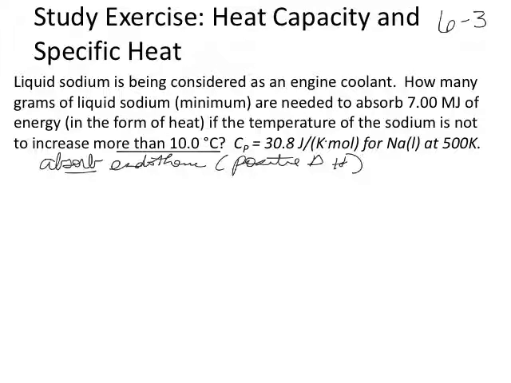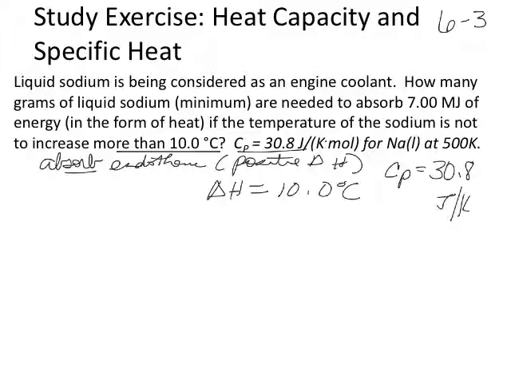Increase no more than 10 degrees Celsius. So your delta T, we're just going to set equal to 10.0 degrees Celsius. Our specific heat capacity here, and I guess it's at a different pressure maybe, that's why you have the Cp, is 30.8 joules per Kelvin times mole, which is a little unusual, but that's the way it's given to us, so we'll make sure we use those units.